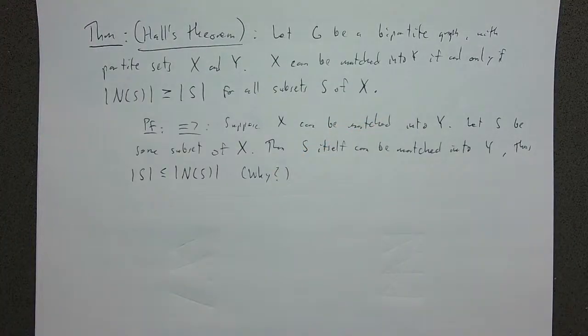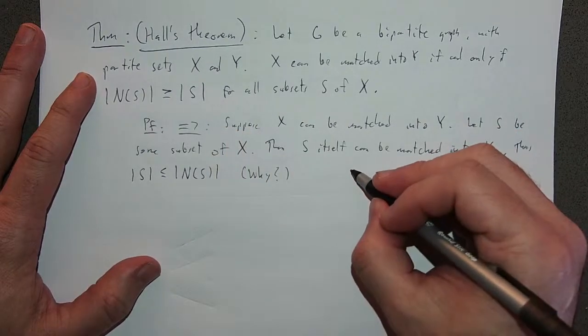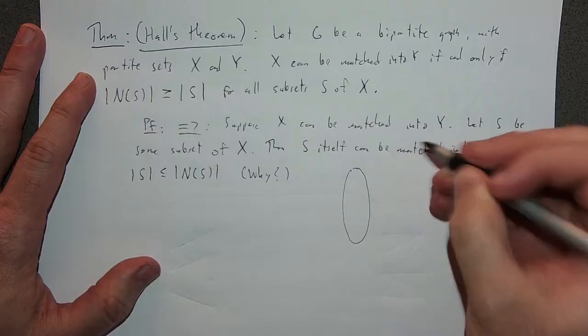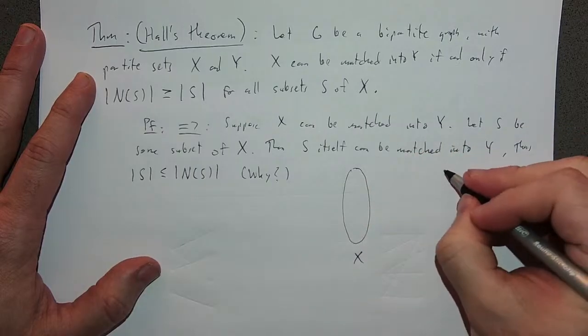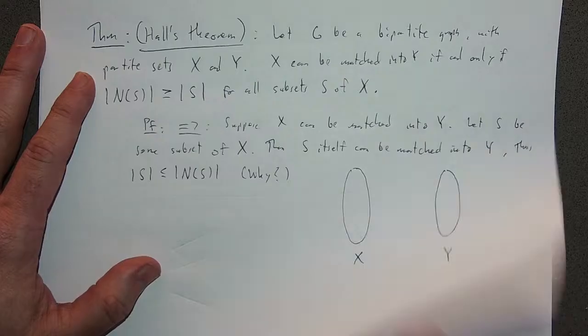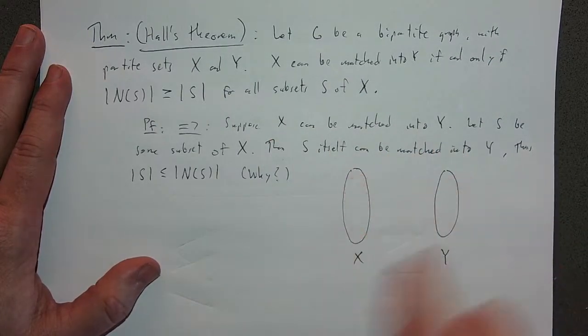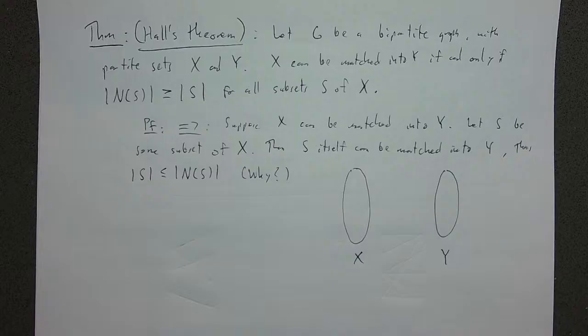We should look at a picture here. So the idea, we have a partite set. Here's my X, here's my Y. We assume X can be matched into Y, so there's a matching here that saturates the vertices of X.